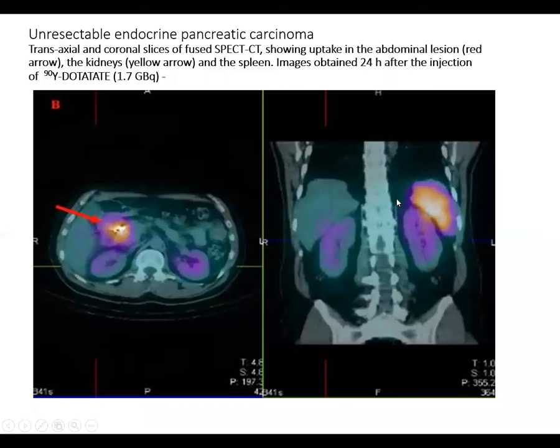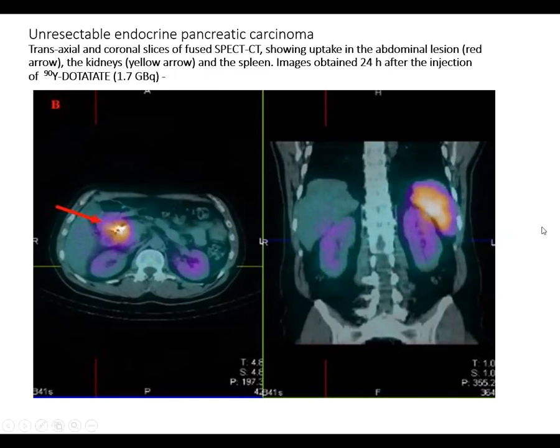This is another example, unresectable endocrine pancreatic carcinoma, transaxial and coronal slices of the fused or hybrid SPECT/CT, showing uptake in the abdominal lesion, red arrow, the kidneys, yellow arrow, and spleen.